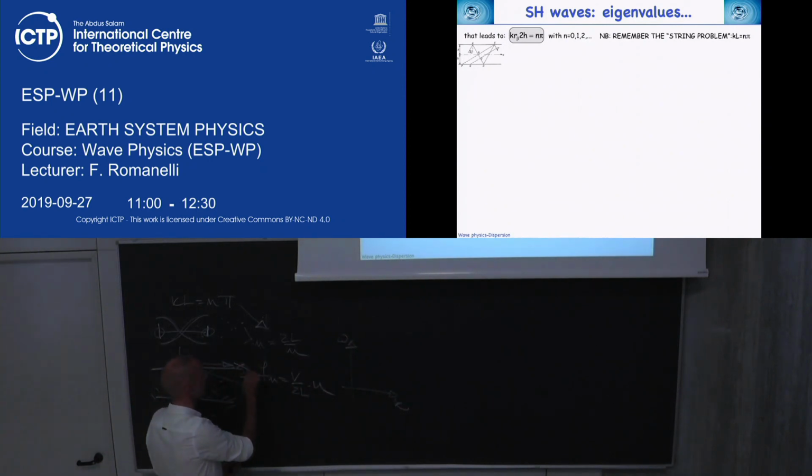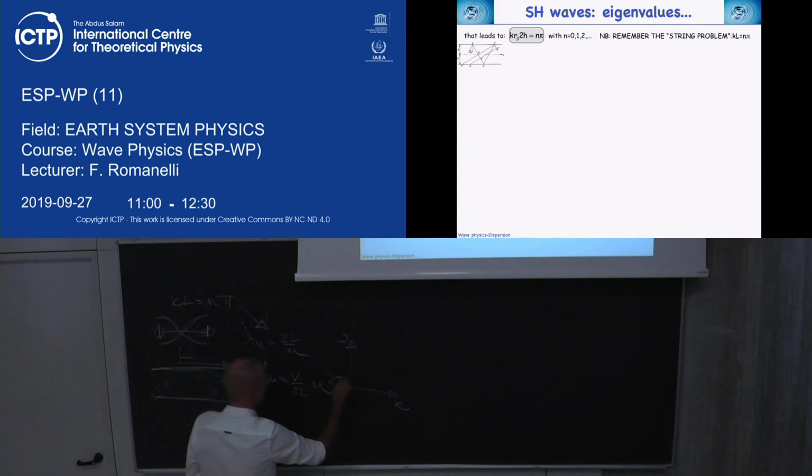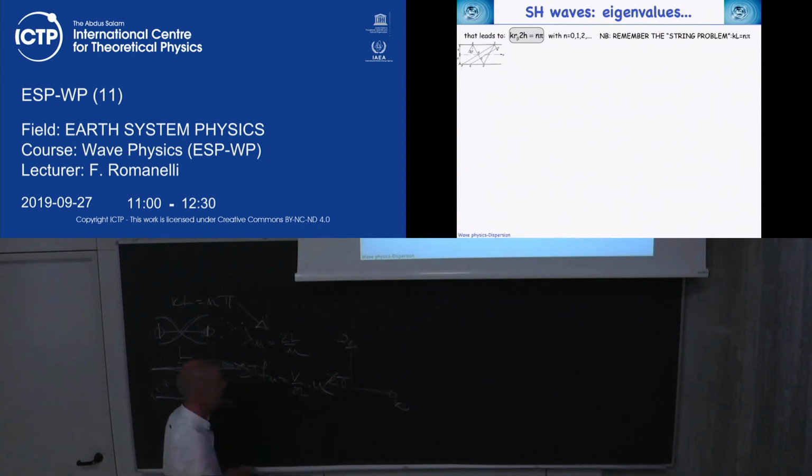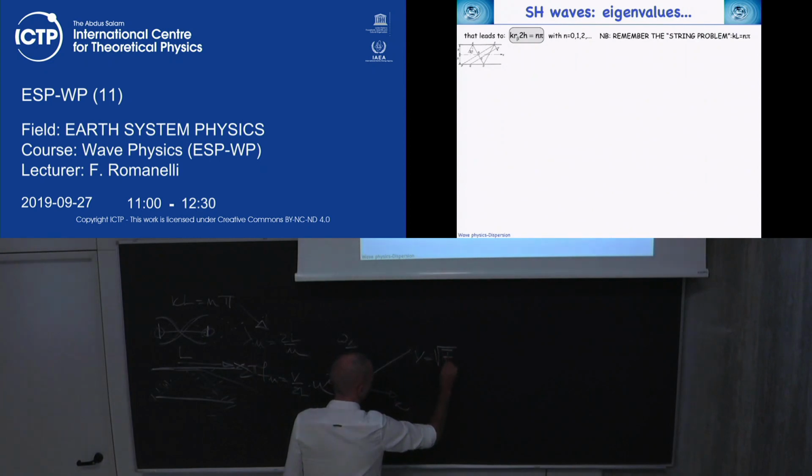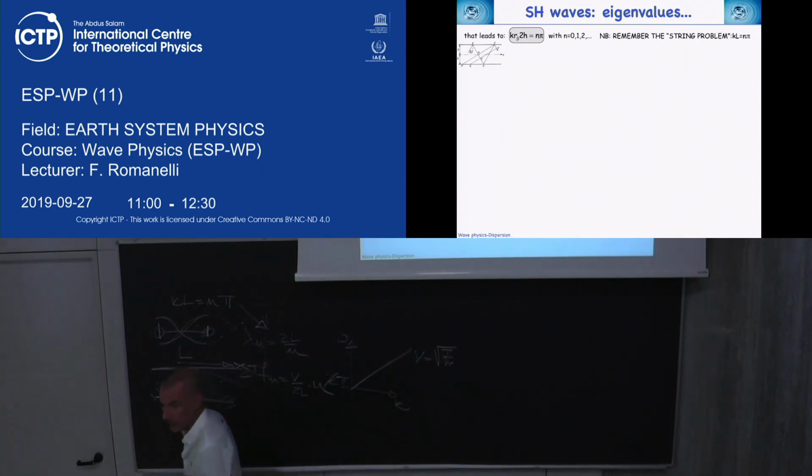If you multiply by 2 pi, omega and k, here it was a straight line whose slope was v. Right? That's the string. No dispersion.